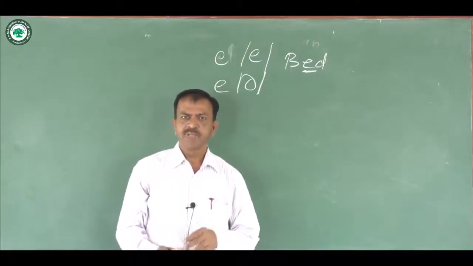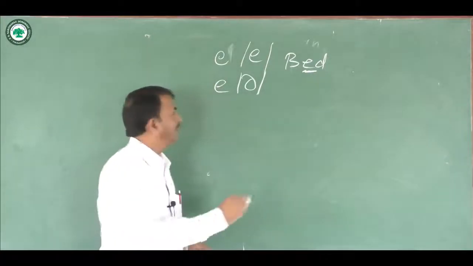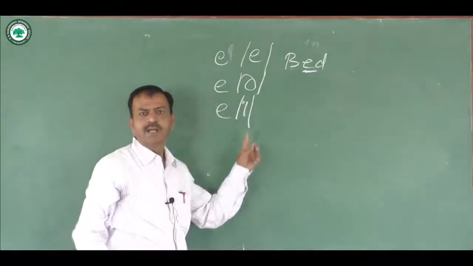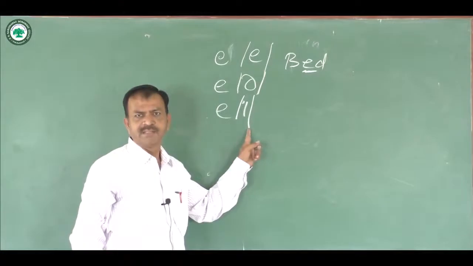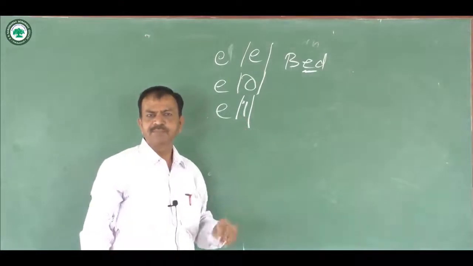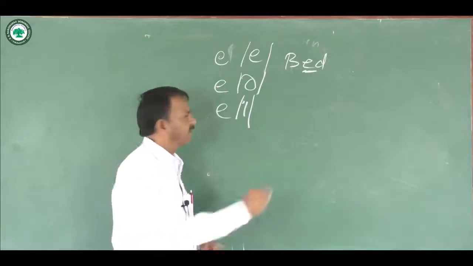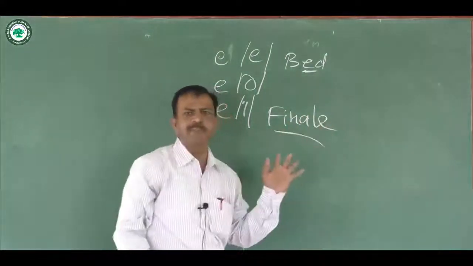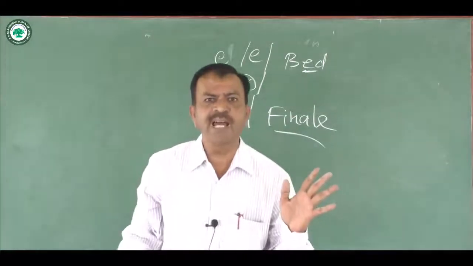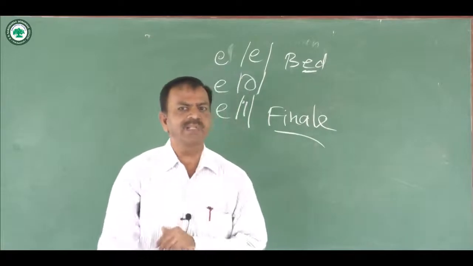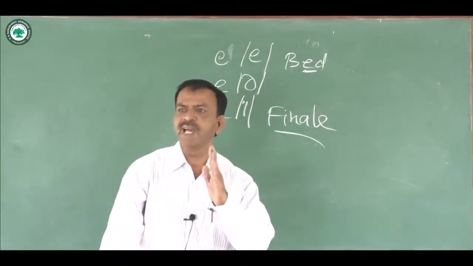Sometimes this letter E is pronounced as another IPA symbol. For example, we generally pronounce this word as "finale", but actually the right or correct pronunciation of this word is "finale".